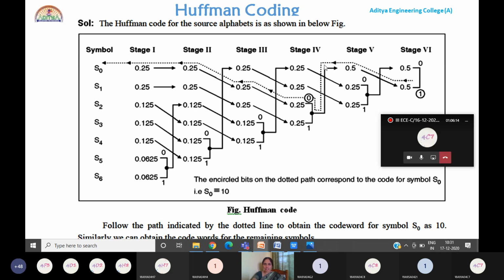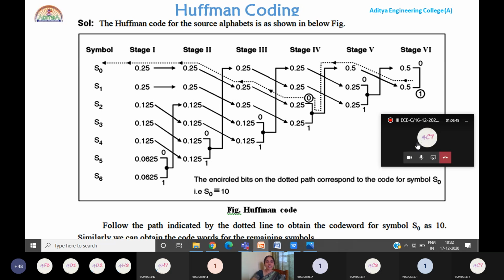No, so move back. For 0.25 you assigned 0. So our code word is 1, 0, and nowhere else have we assigned a value. So what is the code word of S0? 1, 0. To calculate the code word for S0, please follow the path of the symbol in the reverse direction.